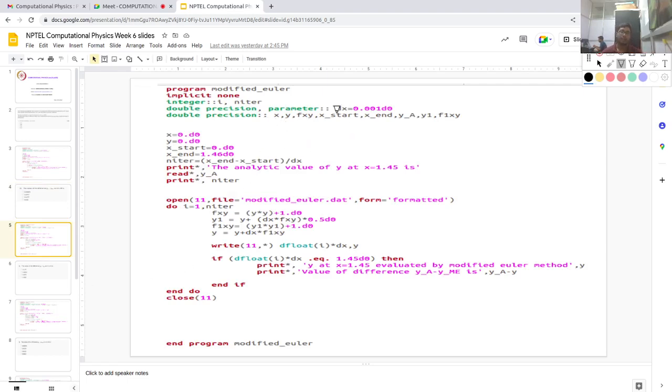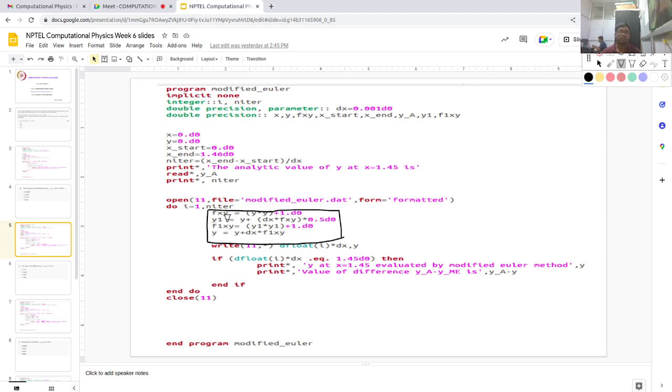As before, I am going to define all the variables like this, and I am also going to check for the value which I am going to get analytically, and then I also open a file. Here you see this block has to be understood. What I have done is, initially I have given f of x, y as y square plus 1, as per the question.